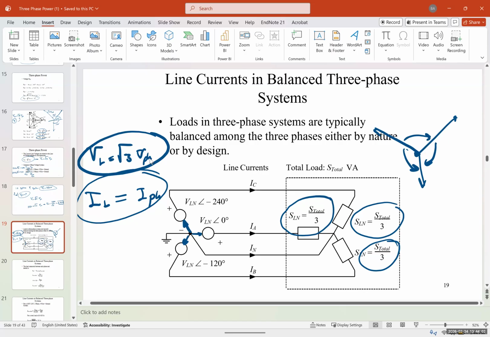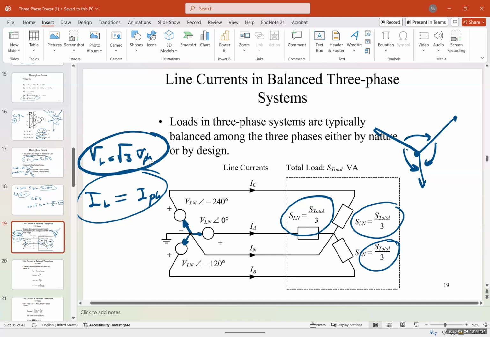What would the total force be in the middle? 0. So if I have 3 currents pulling, this is a physical term. It's not actually what happens, but I just wanted to give you a visual of what happens.